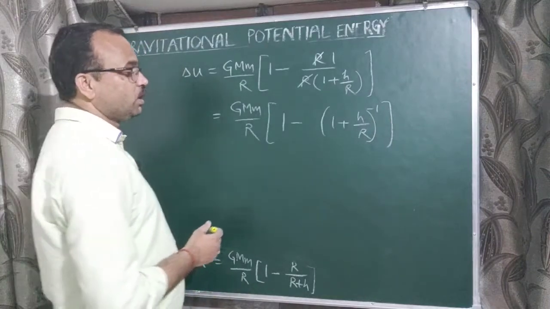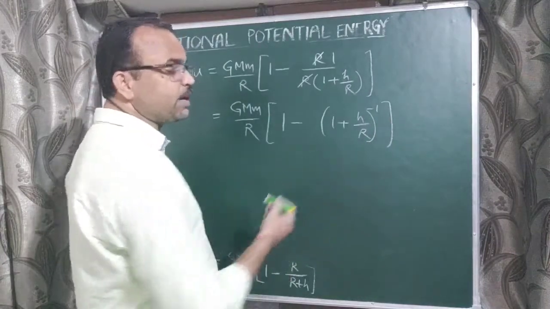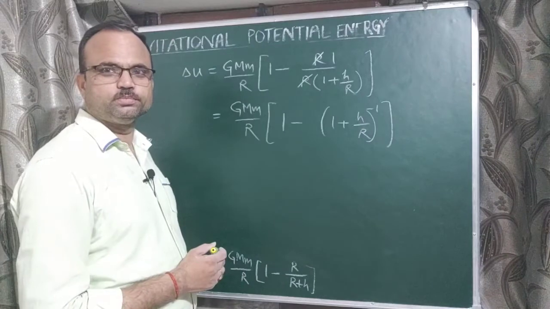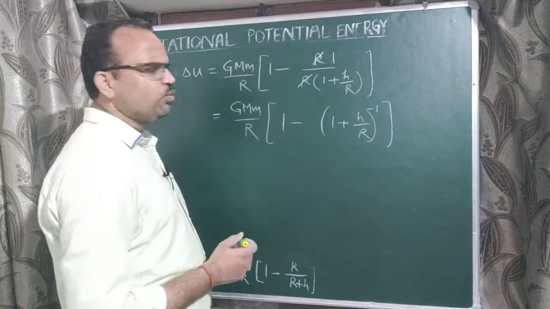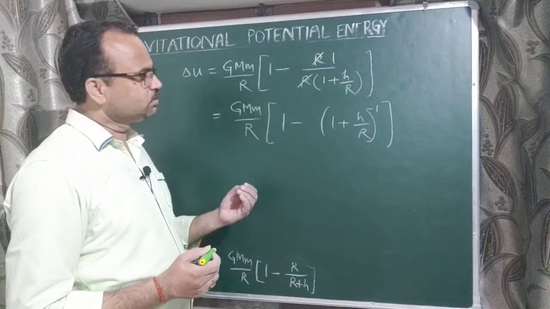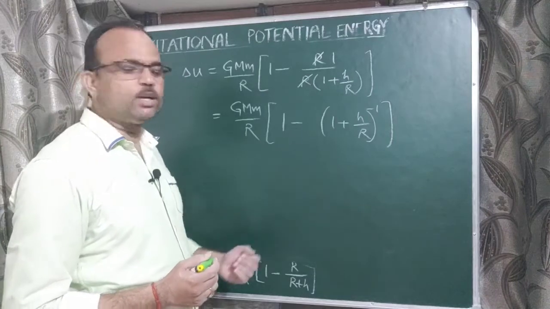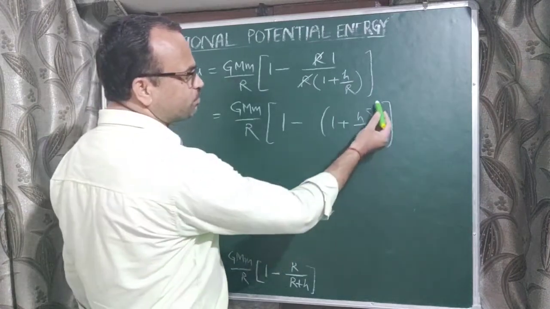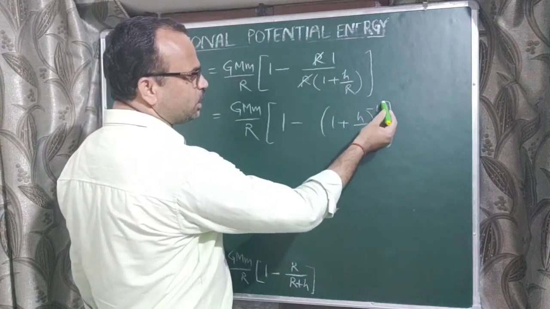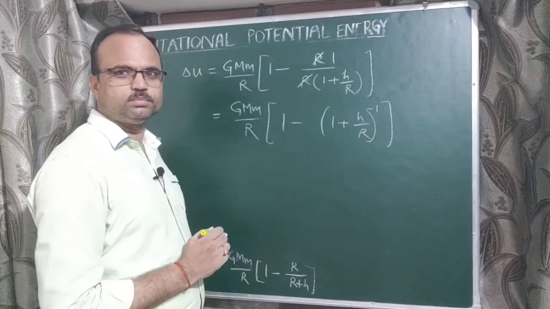Now applying the binomial theorem. A very simple technique to apply the binomial theorem: this power is multiplied to the second term.